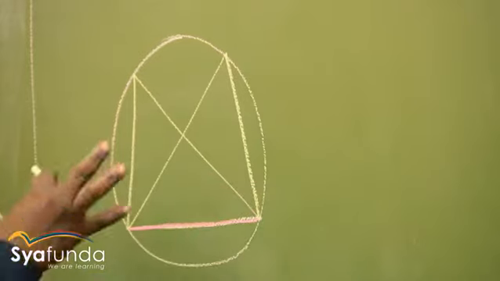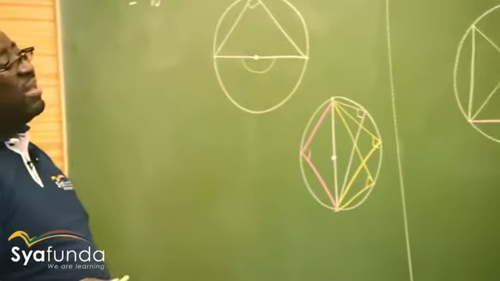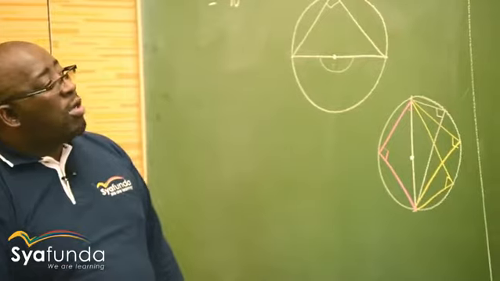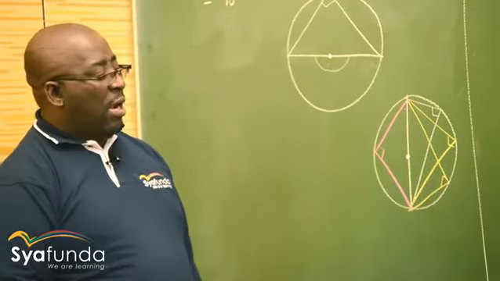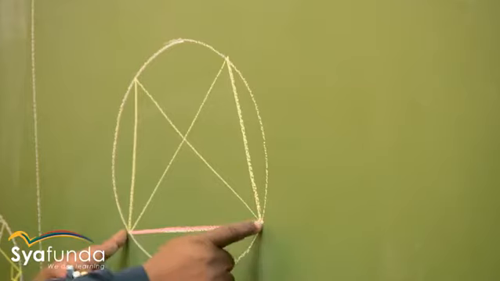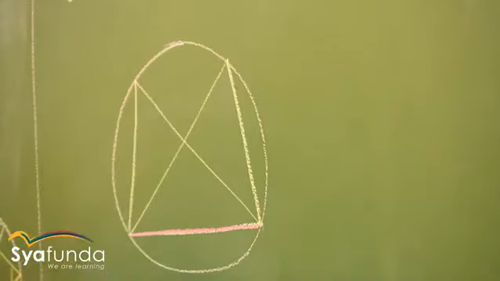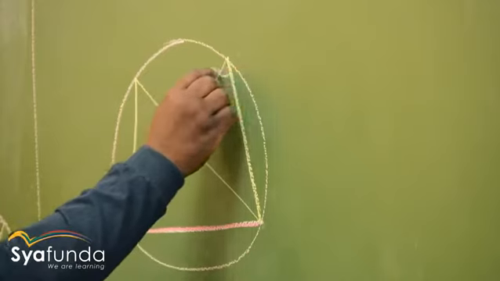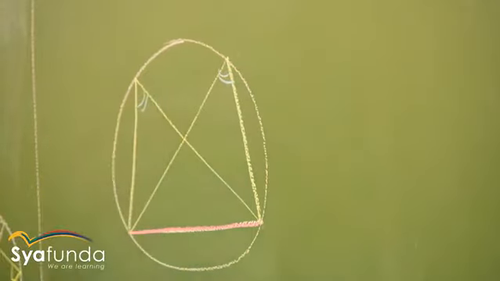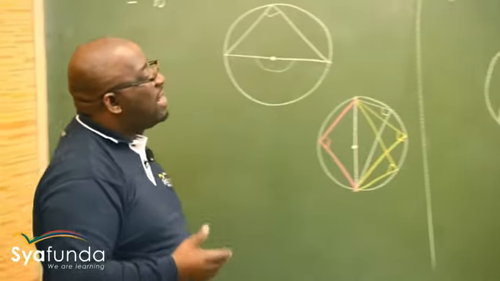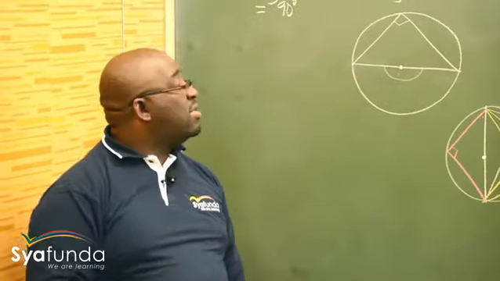What is the theorem saying about this scenario? Angles subtended by the same arc or chord in the same segment are equal. This is the chord that forms that angle. The same chord also forms that angle. Therefore, these two angles will be equal. This is what the theorem is saying.